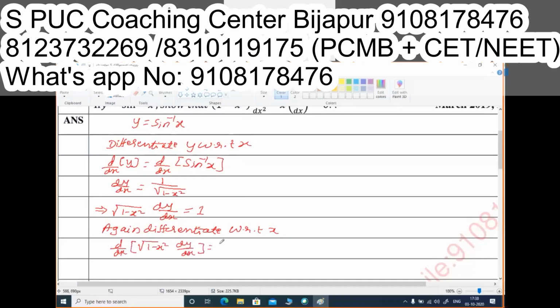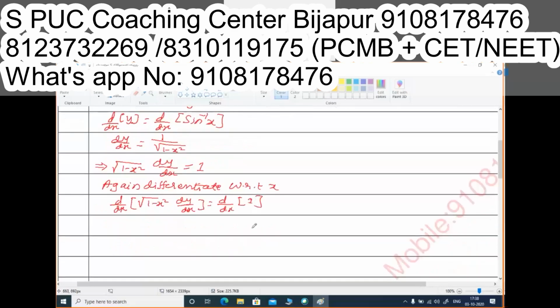On this side, d by dx of 1. What is the differentiation of 1 with respect to x? It is 0. Okay, let us first find the differentiation of this here.